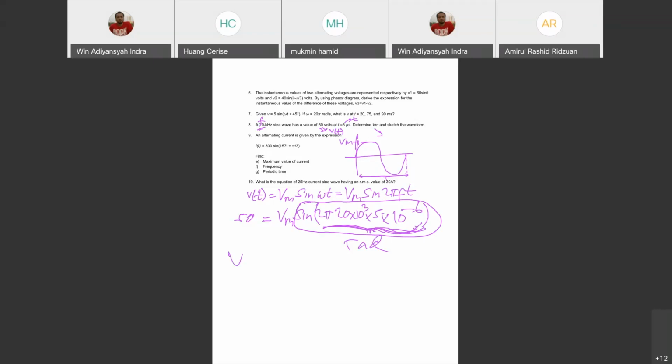So next, Vm equal to 50 over sine 2 pi 20 times 10 to the power of 3 times 5 times 10 to the power of minus 6. Set to radian mode, not degree, yeah? Radian.